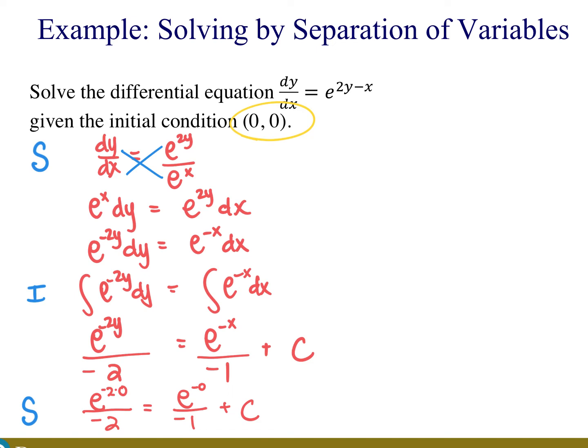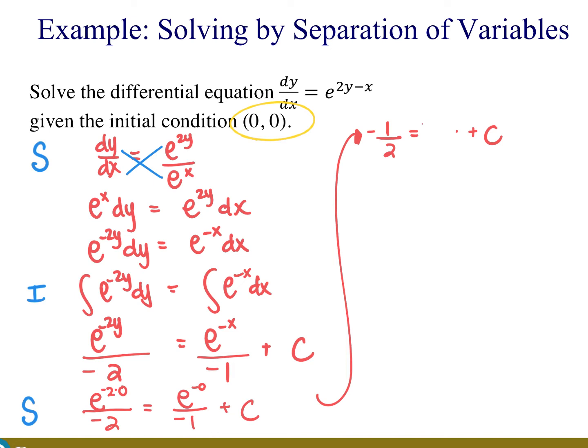Okay, so I'm going to come up here. E to the 0 is 1, so that becomes 1 over -2. And then e to the 0 on the other side is also 1, so that's 1 over -1 plus c. Or maybe another way to write that, instead of writing the negative in the denominator, we'll say that's -1/2 and it's -1.